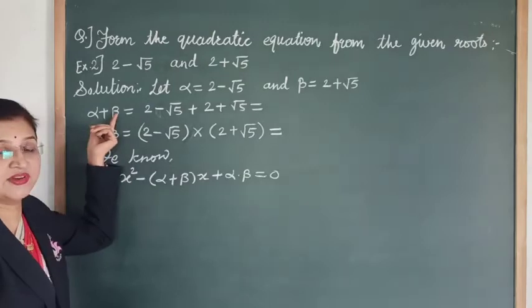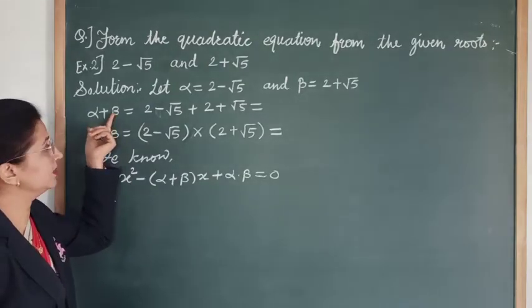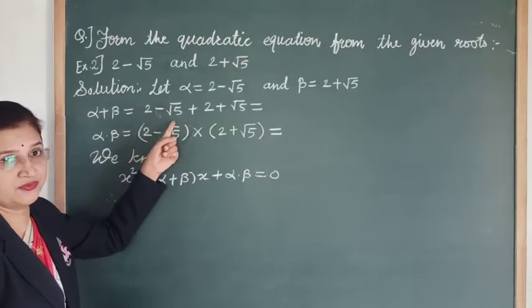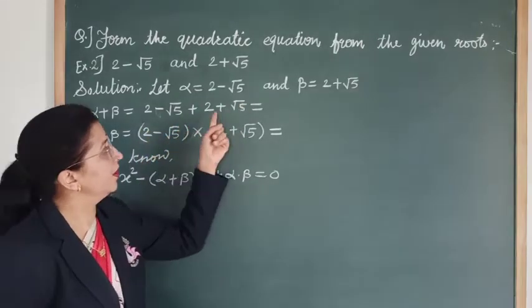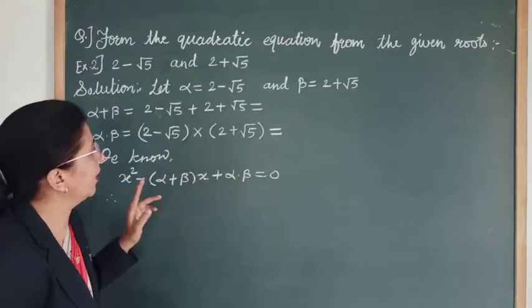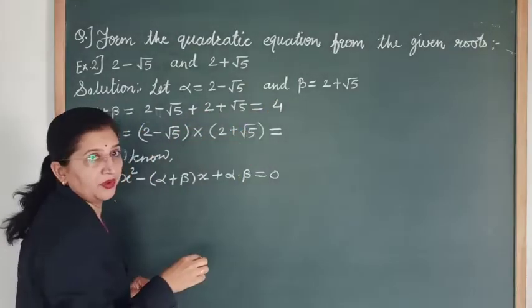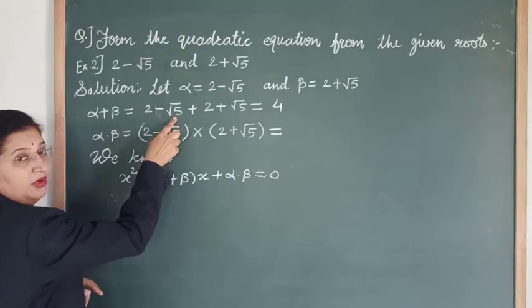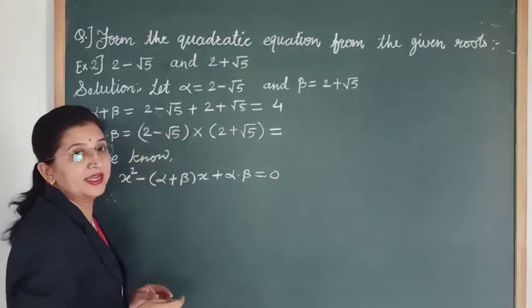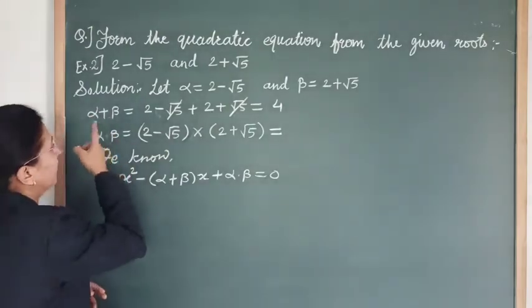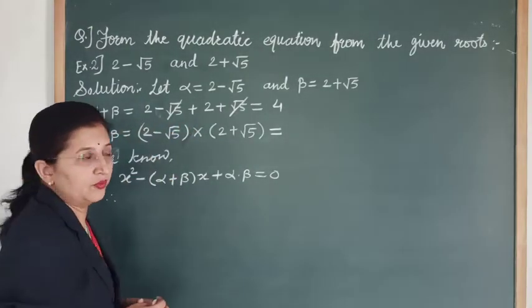Now here also first we will find out the sum of the roots, that is alpha plus beta. What is alpha? 2 minus root 5 plus beta 2 plus root 5. Now here you can see 2 plus 2, that is 4. Okay, while this root 5 is negative and this root 5 is positive, so it will get cancelled. It means alpha plus beta we got 4.